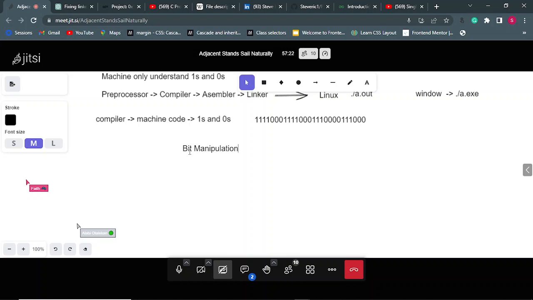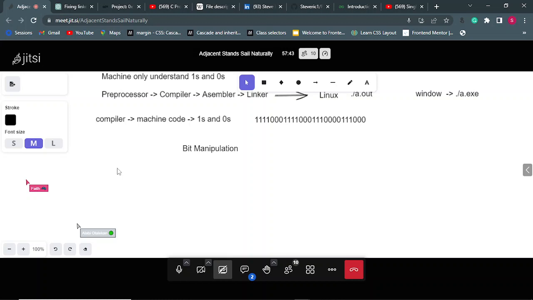Ones and zeros. So now it will be easy for us to move ahead and understand how we can manipulate those bits, how we can interact, speak, and communicate with the machine based on what it understands.